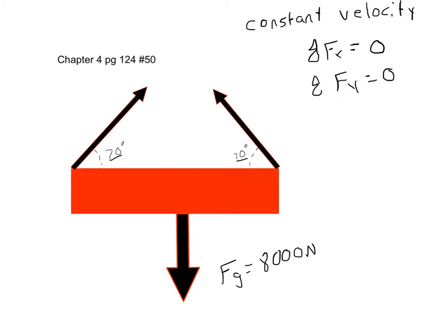So the trick to finding this out comes down to the fact that these two pieces here are symmetrical. Because these two tensions are symmetrical, their actual tension force has to be the same. And because they're the same angles, that means their x components have to equal each other. So if we draw our x components here, they have to equal each other, and their y components have to equal each other.